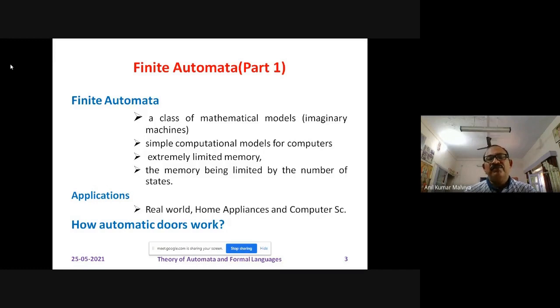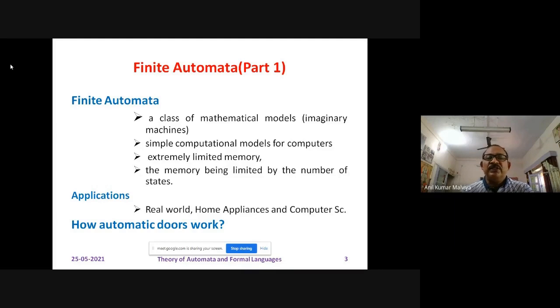Control mechanism of refrigerator, dishwasher, and washing machine are examples of finite automata in home appliances.